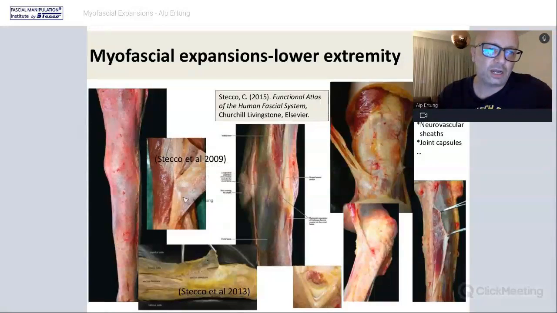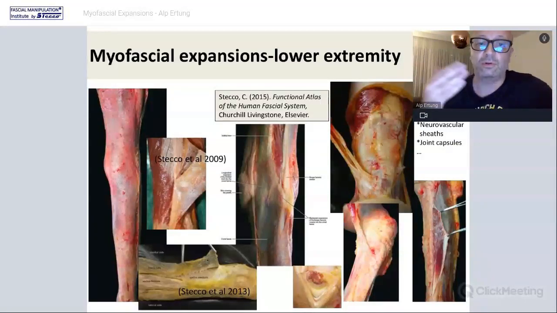We have the fascia lata. It was easy to separate the fascia lata from vastus lateralis, but it's kind of impossible to separate the fascia lata from the iliotibial band because it's a specialized part of the fascia lata. The iliotibial band is not a specific or separated tissue.